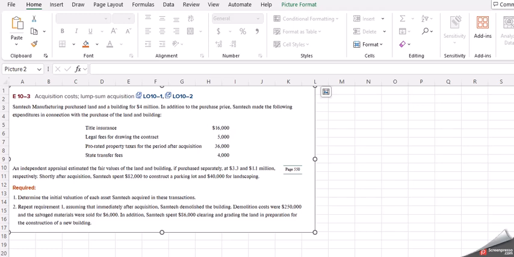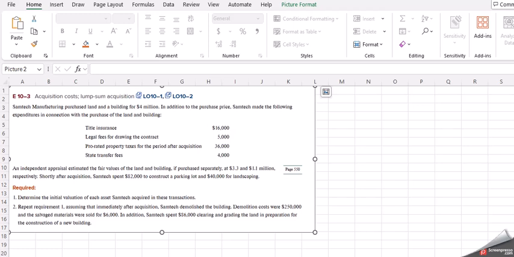An independent appraisal estimated the fair values of the land and the building, if purchased separately, to be 3.3 million and 1.1 million. So shortly after the acquisition, Samtech spent $82,000 to construct a parking lot and then $40,000 for landscaping. So determine the initial valuation of each asset Samtech acquired.